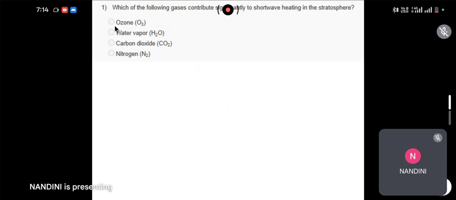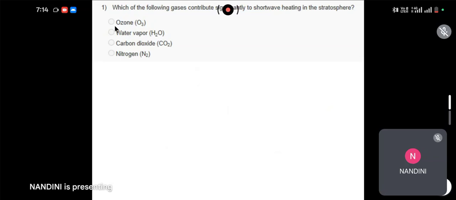Now, this is actually part of the week sets of your NPTEL class. The question is, which of the following gases contribute significantly to shortwave heating in the stratosphere? Shortwave heating is basically solar heating. We have ozone, water vapor, nitrogen, carbon dioxide.